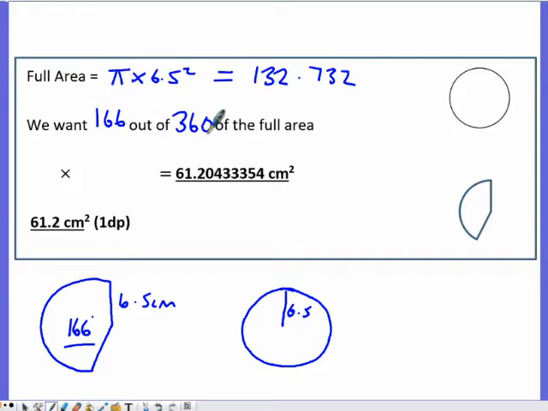So what we're going to do is get our full area and only want 166 out of 360 degrees of it. I'll give you the answer of 61.20433354. To one decimal place, this is 61.2 centimeters squared.